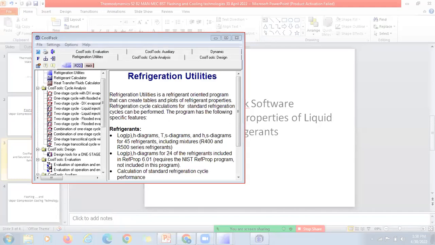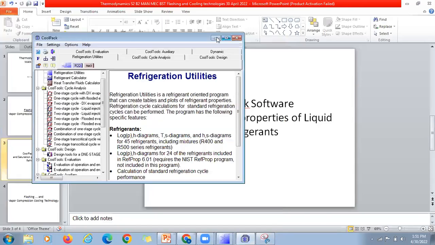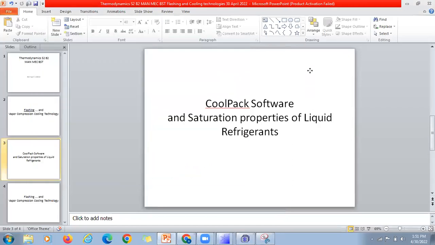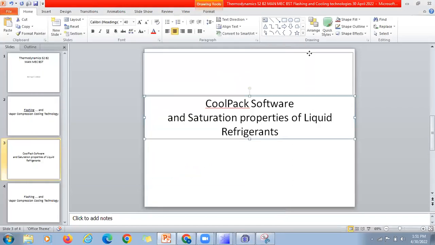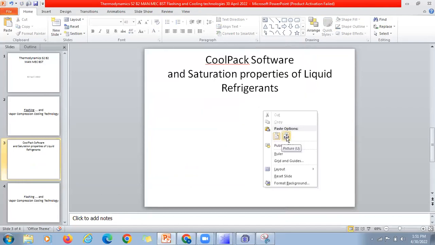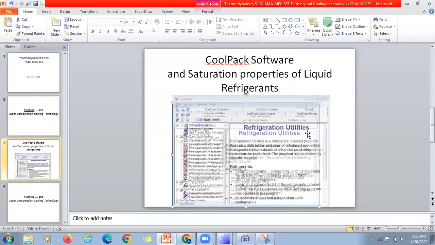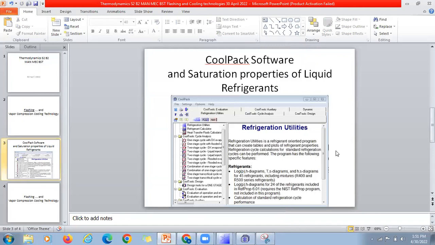So this is about Coolpack. Okay, good. Try to download this.